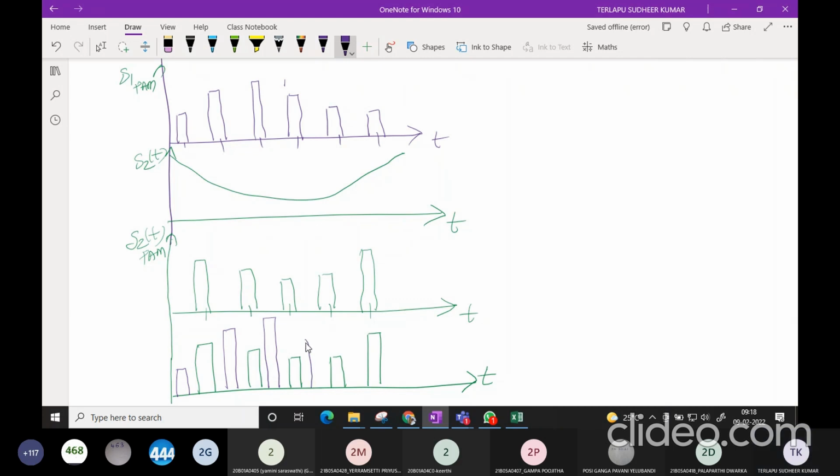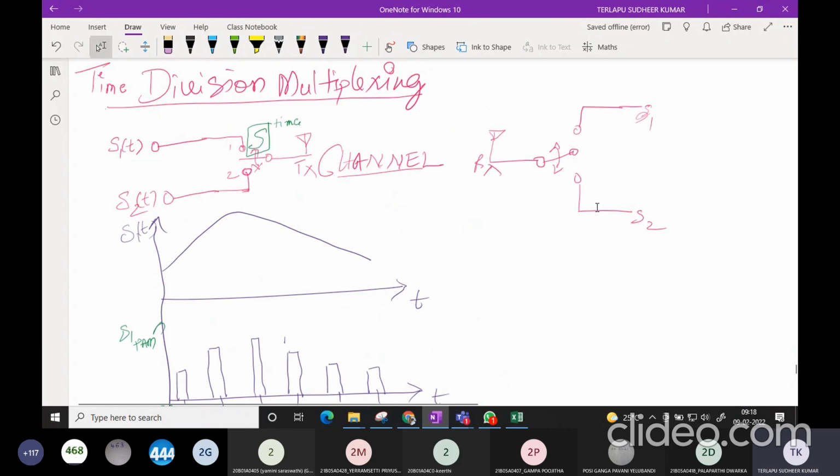Yes, sir. So it is purely dependent on the switching action, that is, how good the time synchronization is, how well we keep the time synchronized from position 1 to 2 and 2 to 1. Now, whatever signal I have drawn, the last one, is now in the channel.